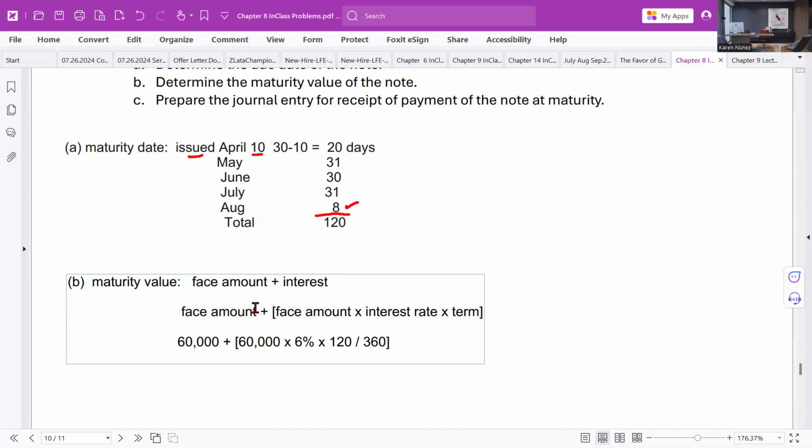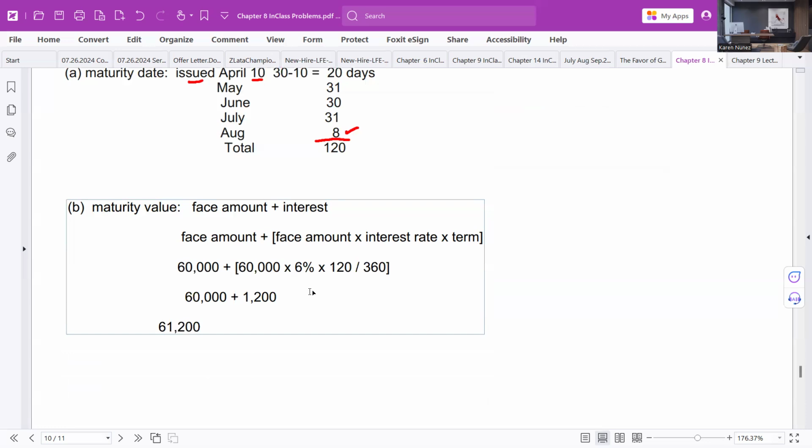So we have here 60,000 plus $1,200 of interest, or 61,200. That is the maturity value of the note, 61,200.